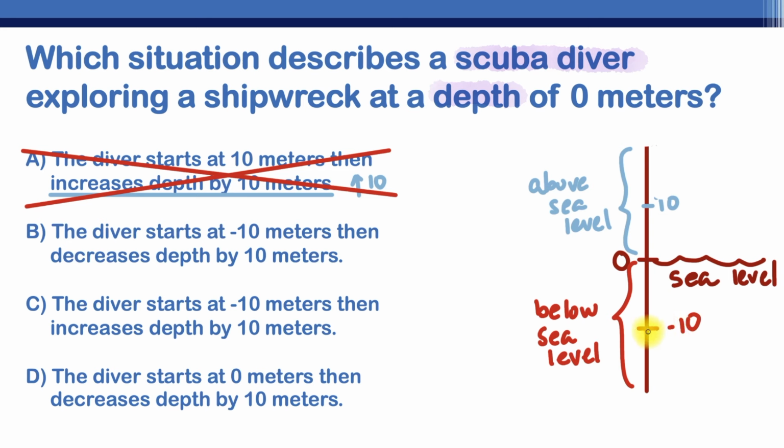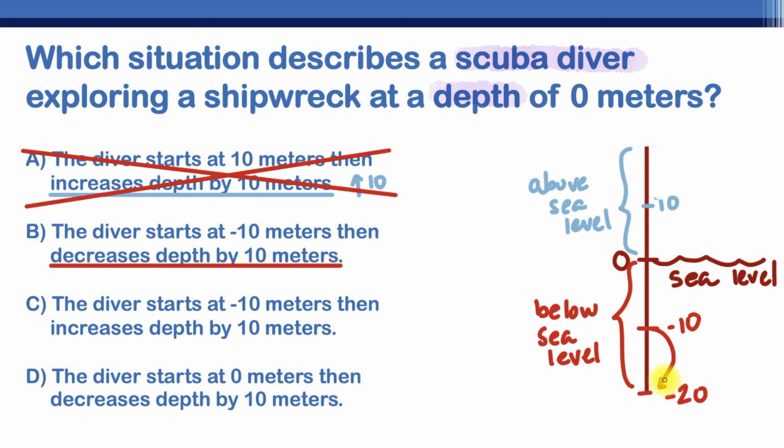So this diver is somewhere over here and then decreases depth by 10 meters. Now what exactly does that mean? Well, that means the diver is going down another 10. So from here, the diver is going to go down 10 more meters and we'll end up somewhere around here, which is negative 20.